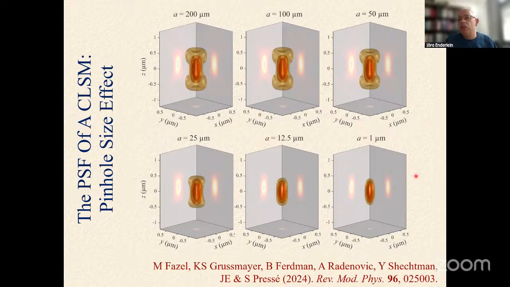What you see in this graph are 6 different point spread functions calculated for different pinhole sizes for a 60 times confocal microscope, starting with a very large diameter here at the top and then going down to something like an infinitely small pinhole. 1 micrometer is very close to 0. And of course, as you can see, when you make your pinhole smaller and smaller, then at some point you start to make your point spread function smaller laterally, which would result in a resolution improvement.